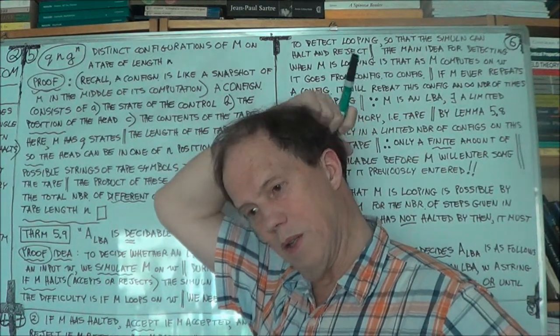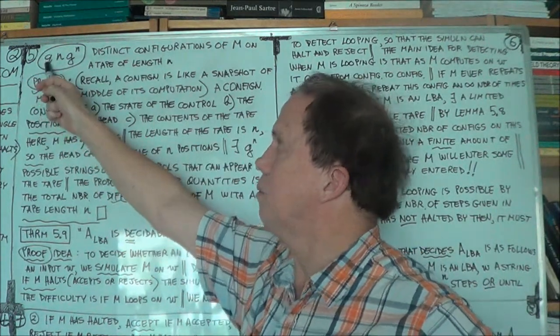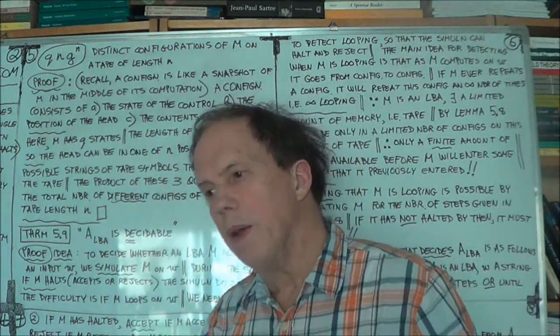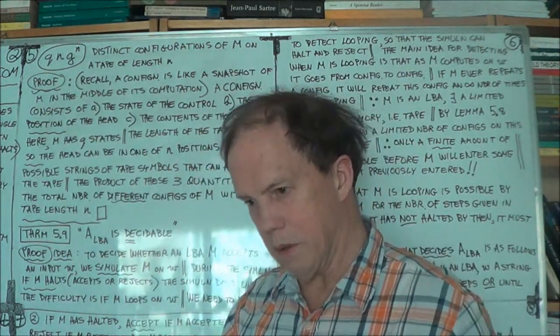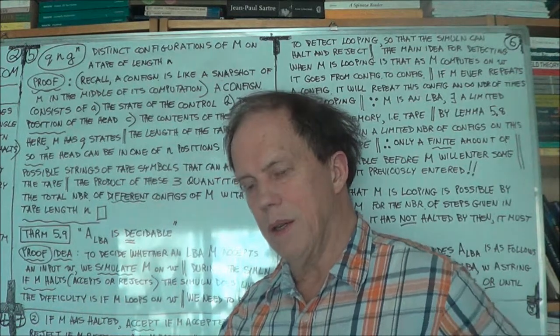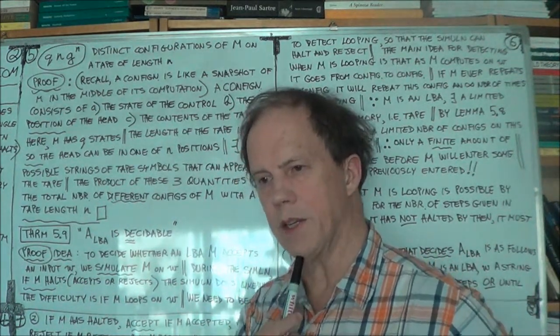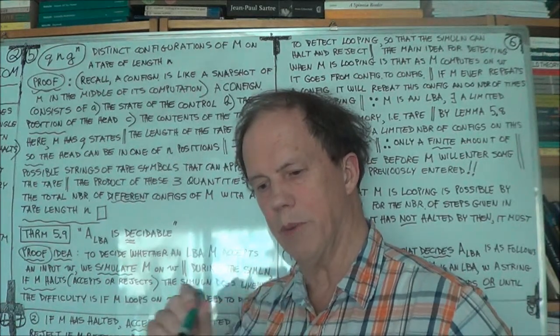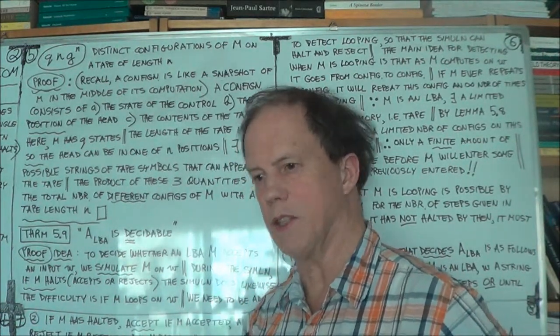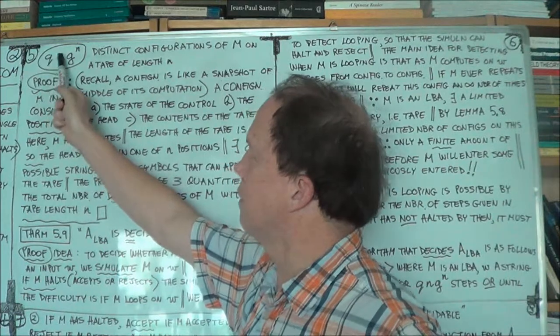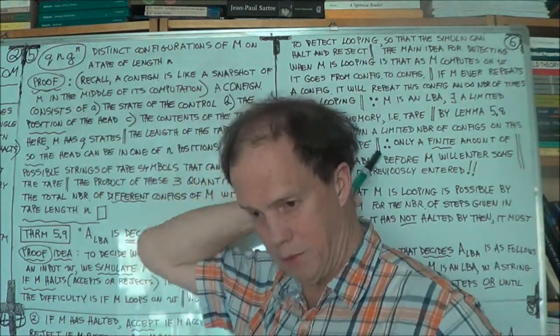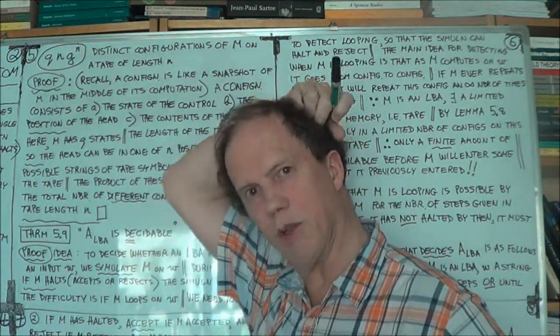So you have q of those, q possibilities there, right? Second thing is the position of the head. Well, there are only n squares in your finite tape, so the head could be at any one of those n different positions. So q times n, for those two possibilities. They're independent of each other, so you just multiply them.